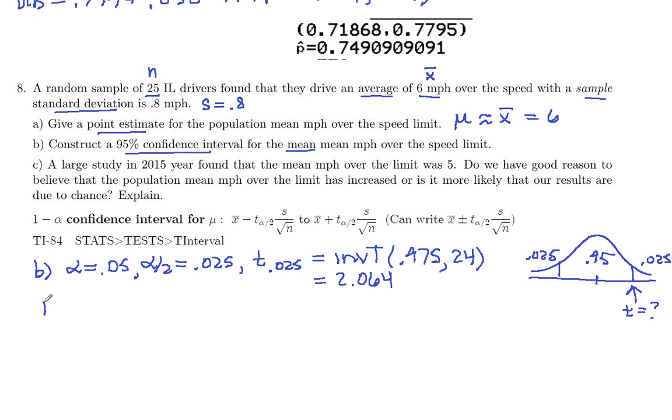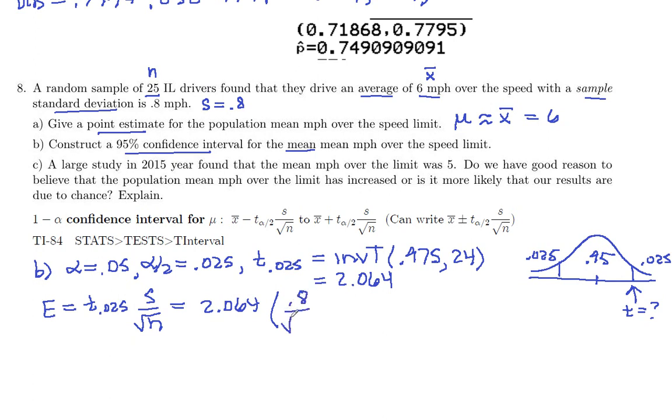And then our margin of error, E, is going to be this part here, t alpha over 2, S over root N. So t.025, S over root N. So that's going to be 2.064, this t-value, found it here, times our S was 0.8.